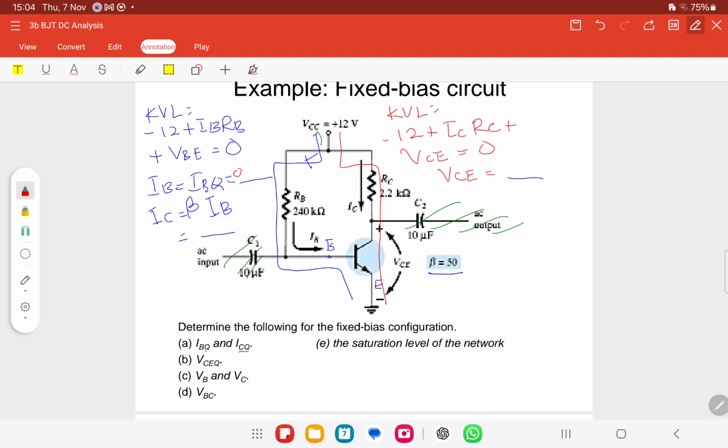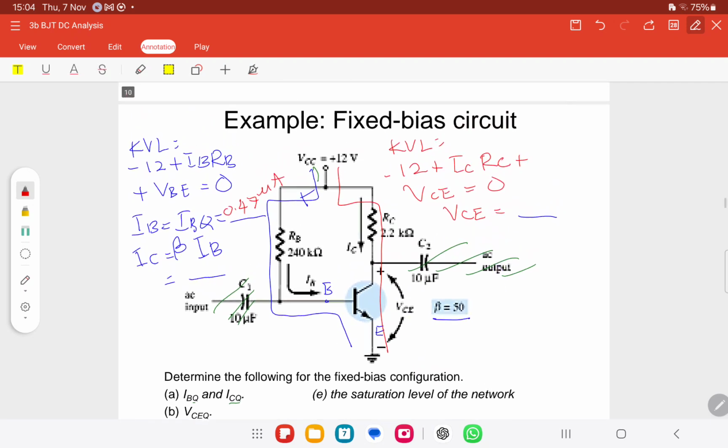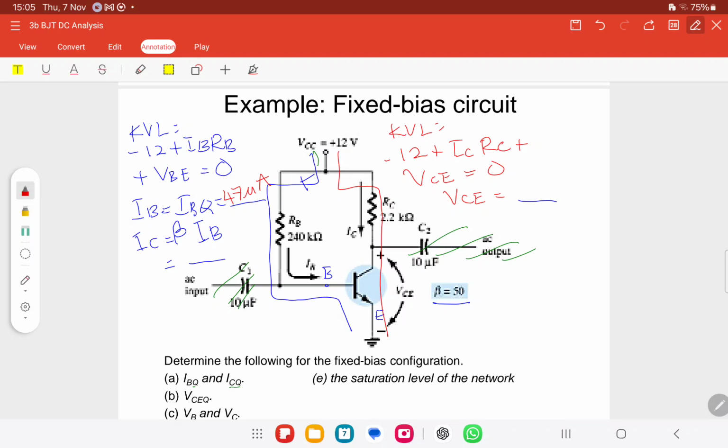So the 4.7 becomes 0.47, no, 47 microampere, because we shift the decimal point backward. 47 microampere. So for IC, just multiply with the beta.